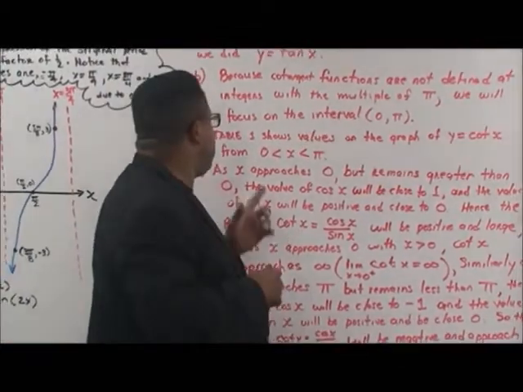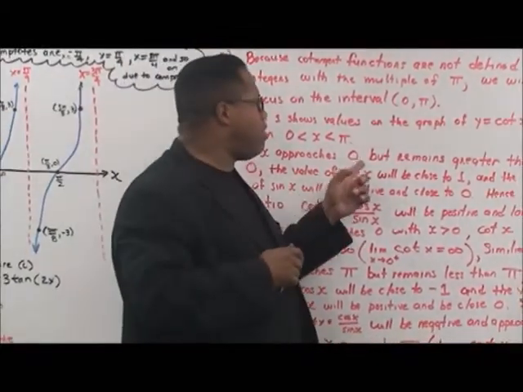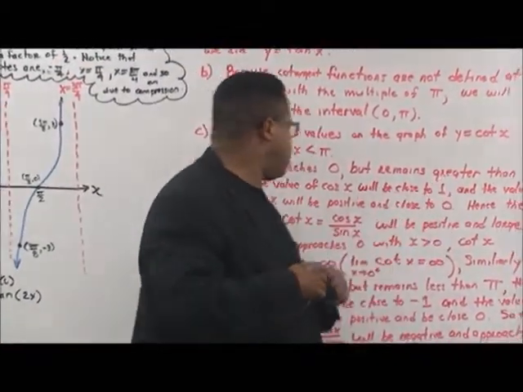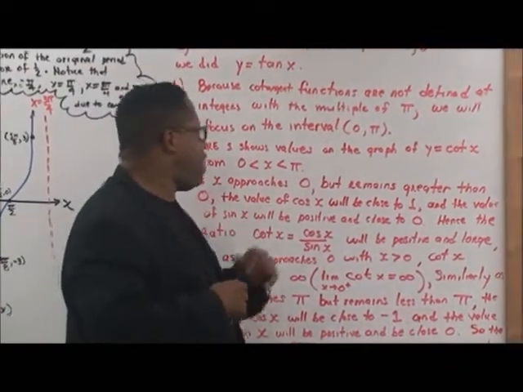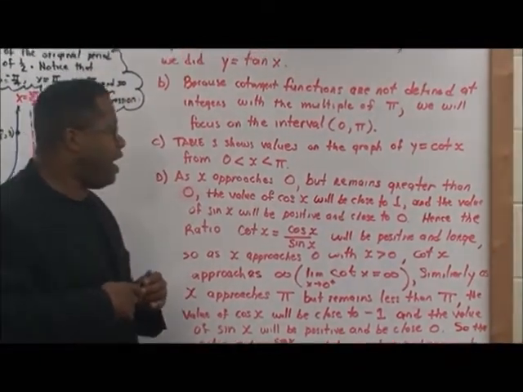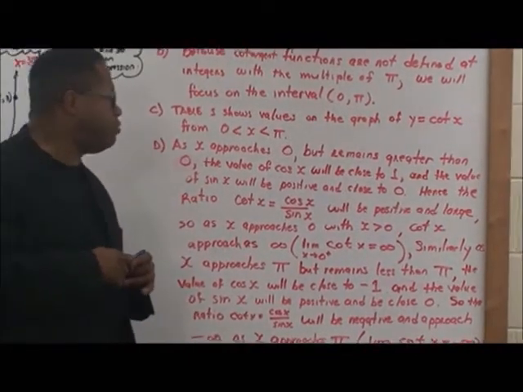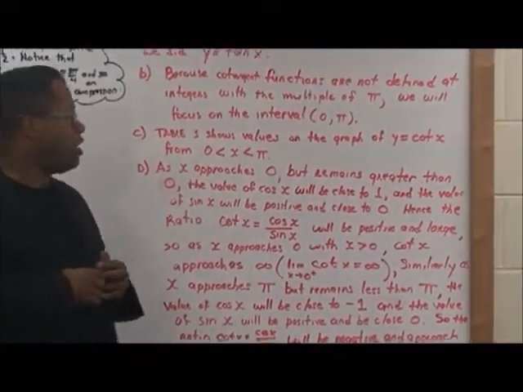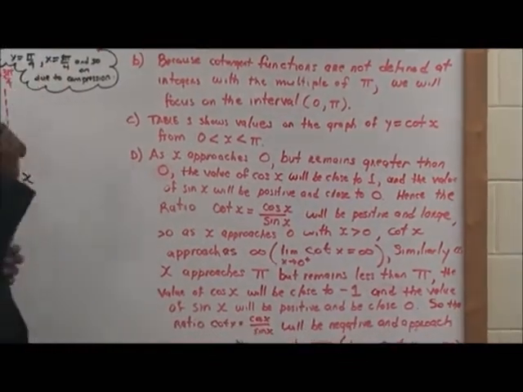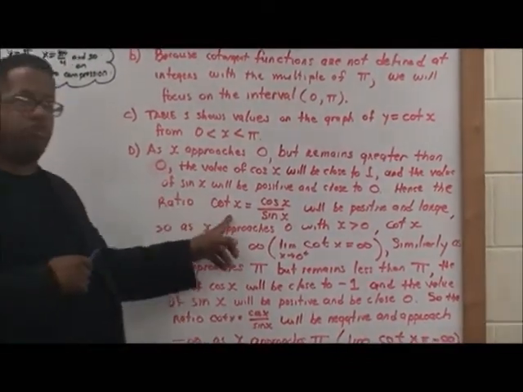So, as x approaches 0 but remains greater than 0, the value of cosine x will be close to 1, and the value of sine x will be positive and close to 0. Hence the ratio of cotangent, remember this ratio here?